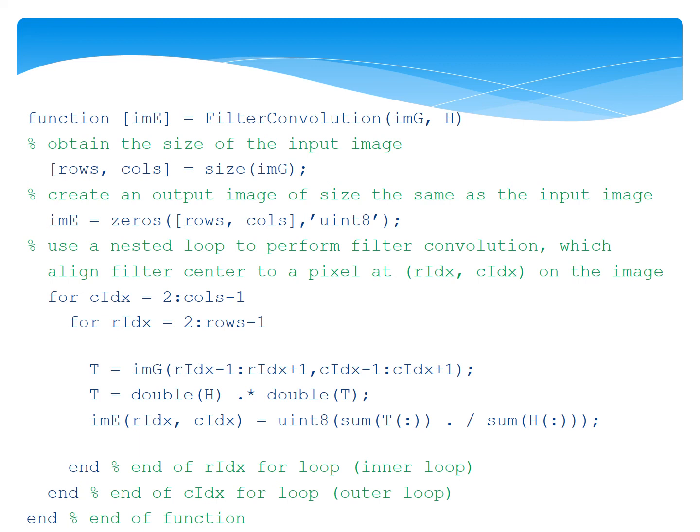To convolve the filter on the subimage T, we perform element multiplication between H and T. Then, we take the sum of the multiplication results and then divide it by the sum of the filter H to produce a single value to store in the output image, IME, at location RIDX, CIDX. We repeat this process for every pixel within the full coverage region.